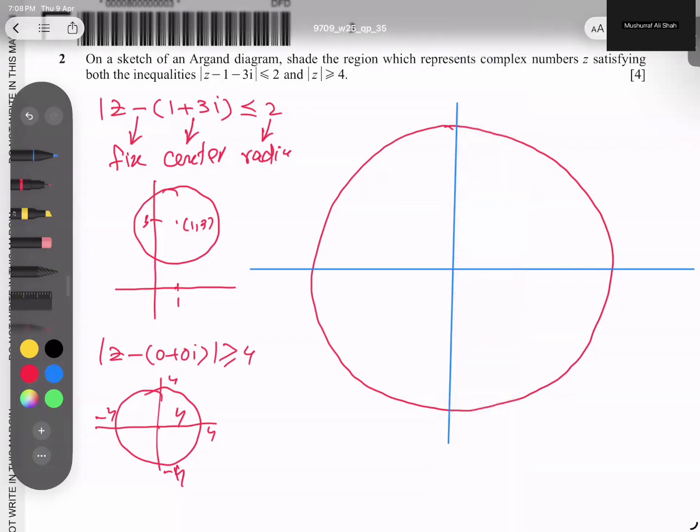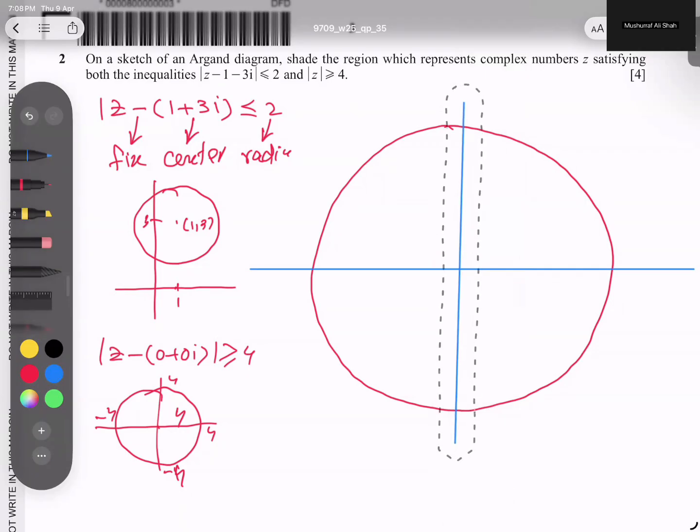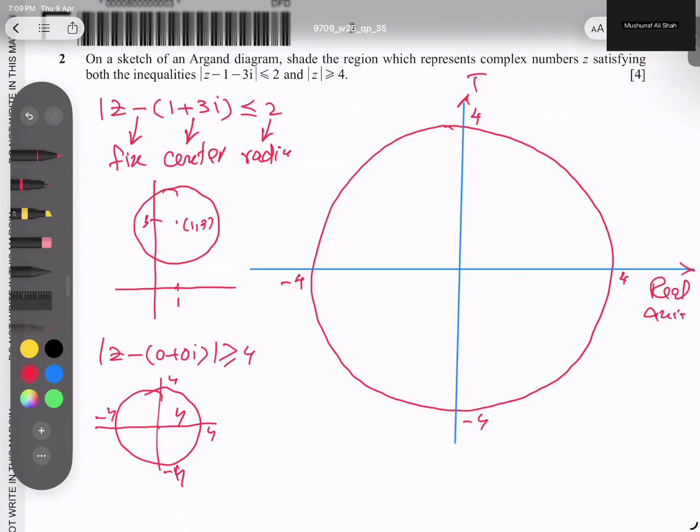Let me check finally, because sketching is not a problem at all. There's a 4, there's a 4, there's a 4 negative, there's a 4 negative. Here I'm writing the real axis and this I'm writing the imaginary axis. Now students, this is done and the center is 0 0. So what about this one?